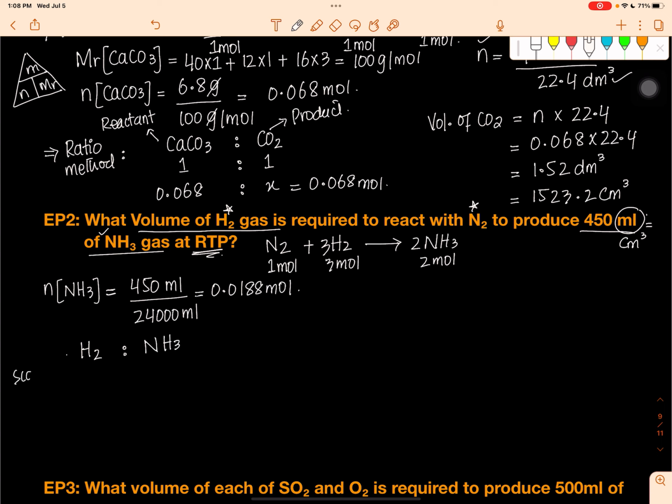The ratio which comes from the balanced chemical equation tells us that 3 moles of hydrogen react with nitrogen to produce 2 moles of ammonia.